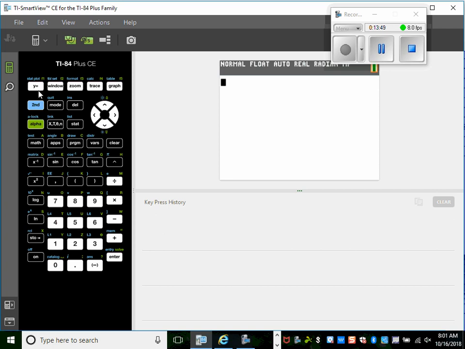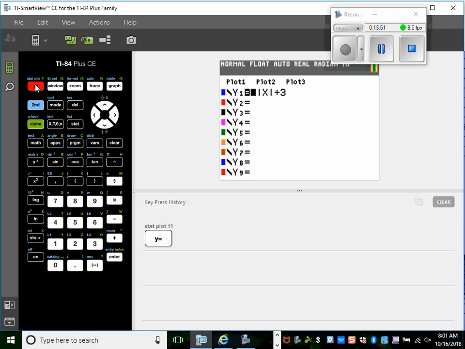So I'm going to hit this button right here that says y equals. Now notice how I have something here, and you might have something here because students have been using the calculator. So just hit clear because you don't want to have anything in the y1, y2, y3, and so on. So wherever you have something, just put it on that particular line and hit clear.